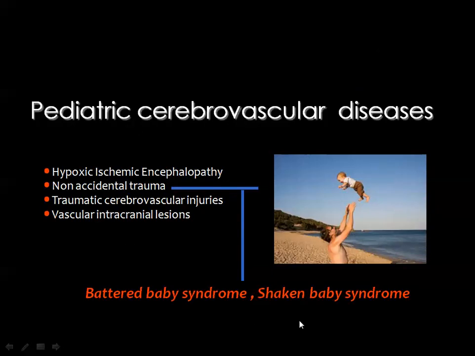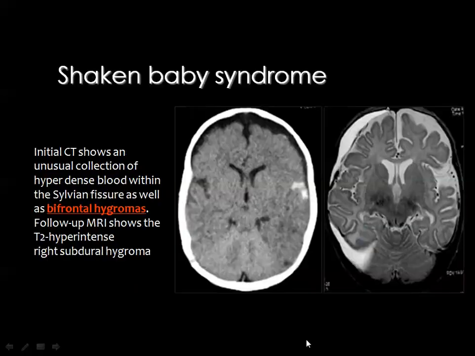Then a few words about the non-accidental trauma, or what we call the battered baby syndrome or the shaken baby syndrome. Of course, if we shake our babies, there may be some insults in the brain parenchyma because of the relatively small size of the brain compared to the size of the skull.